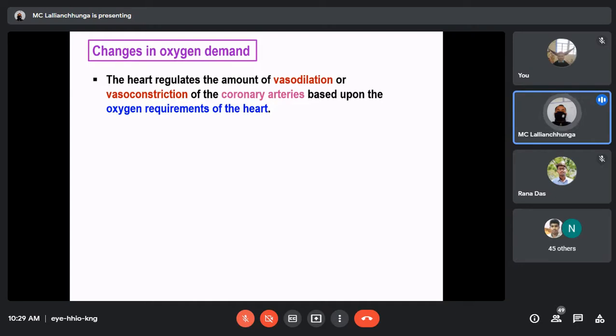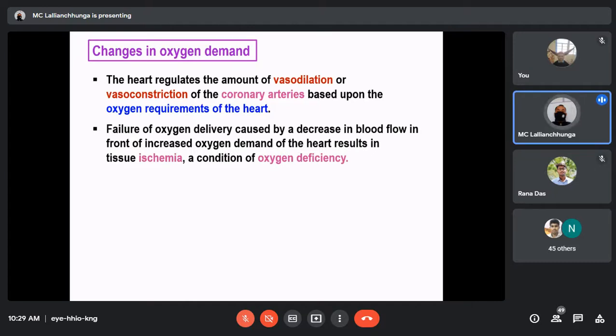Just like other circulatory systems, in coronary circulation the same thing will happen. Failure of oxygen delivery caused by a decrease in blood flow in front of increased oxygen demand of the heart results in tissue ischemia.